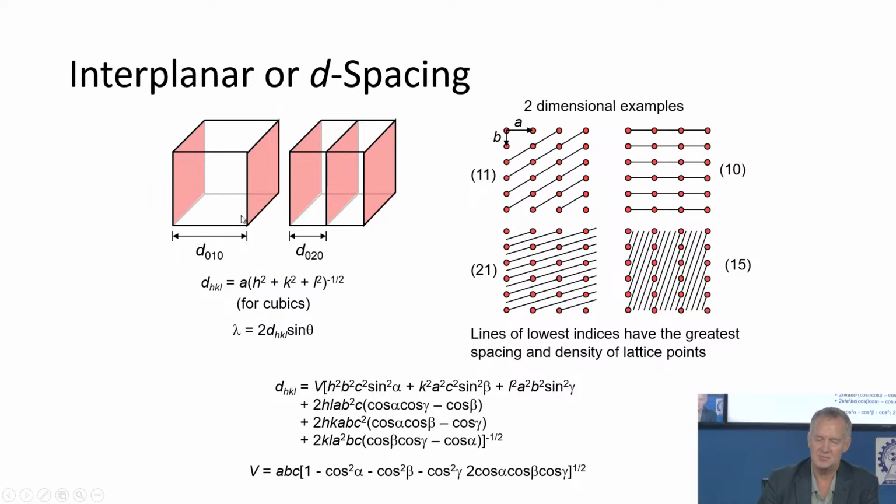So this lattice spacing is greater than this interplanar spacing. I shouldn't say lattice. This interplanar spacing is different than this interplanar spacing. And as the Miller indices increase, the interplanar spacing gets smaller. Okay? So for cubic crystallites, we have d equals a over the square root of h squared plus k squared plus l squared. That's the definition. That's just for cubics. For non-cubics, you have this definition. Right? But we can work in cubics, that's fine. And d is this interplanar spacing.